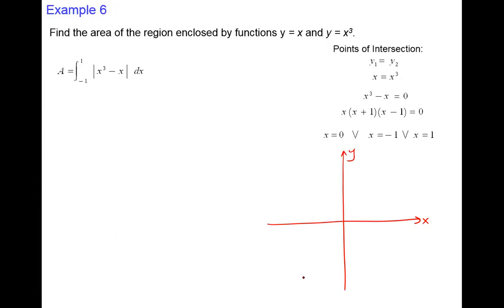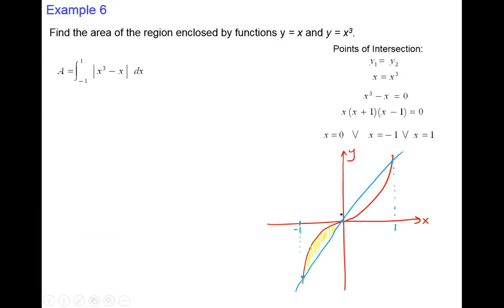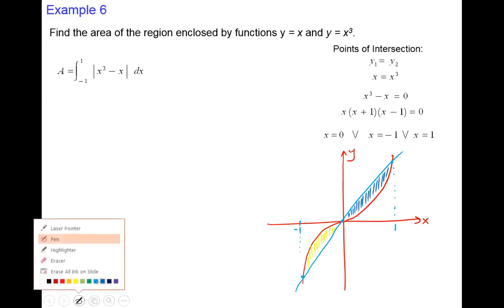That's x cubed, and function x is this one. Not bad. This one is negative 1, that's 1, and this is 0. We do have a region, the yellow one, and the dark blue one.